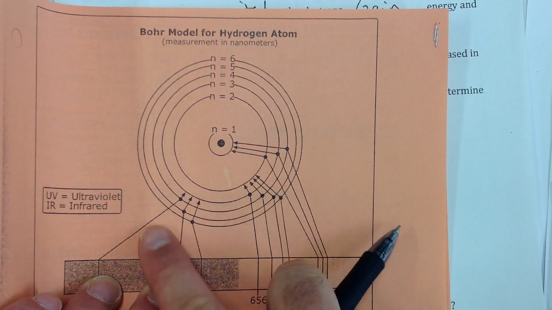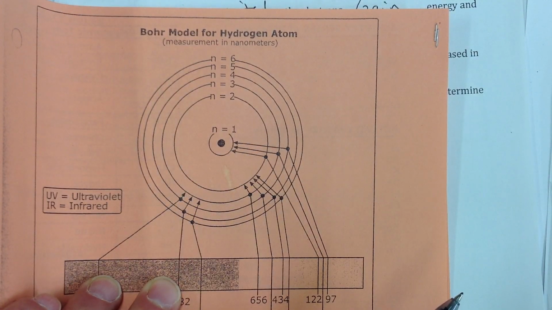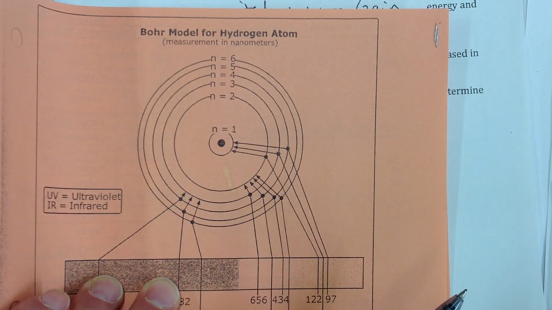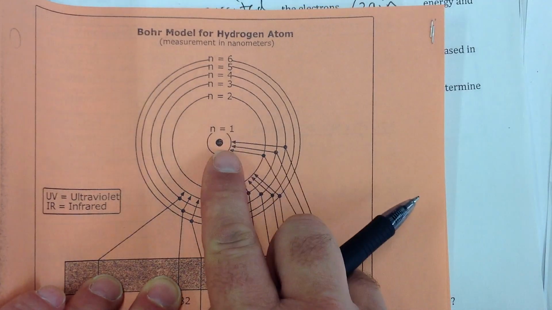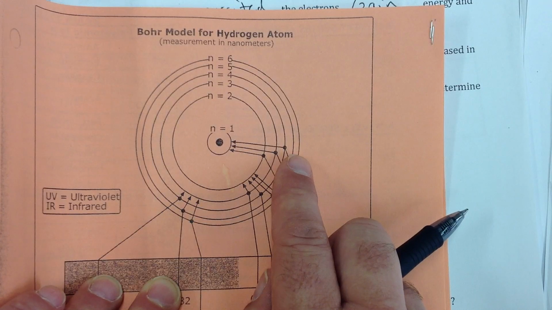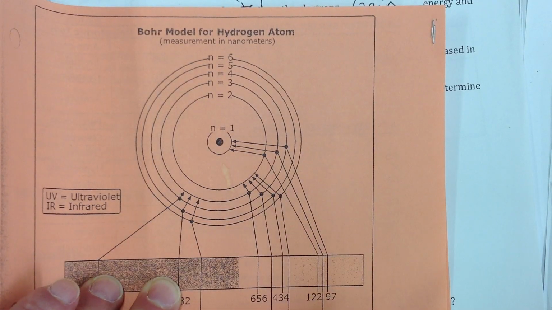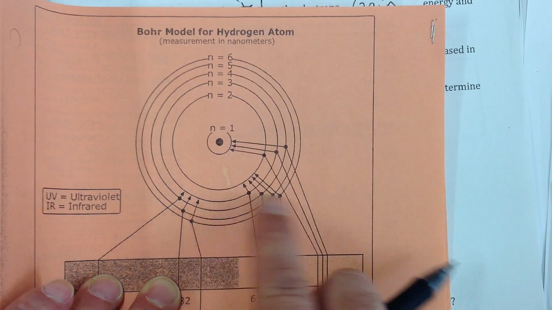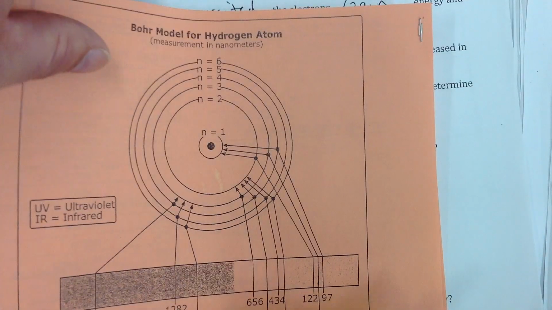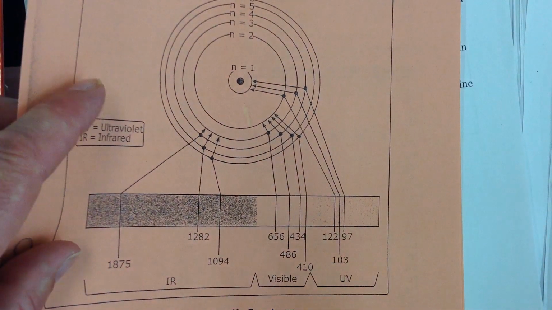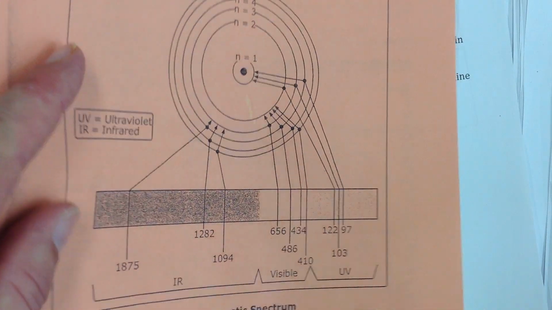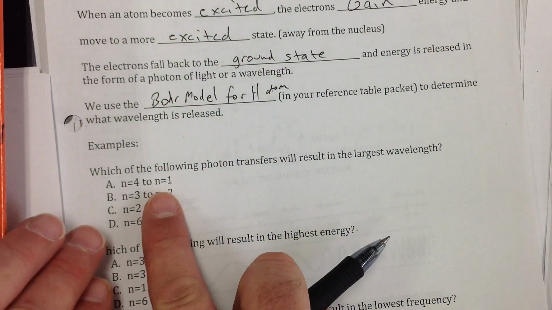So all of these are falling back to the ground state. If you ever see an answer choice of going from like 1 outward to 2, 3, or 4, you know that's not the answer, because none of these have arrows going out. They're all going in. That's very important. And we're going to be using these numbers down here to help us find the answer.